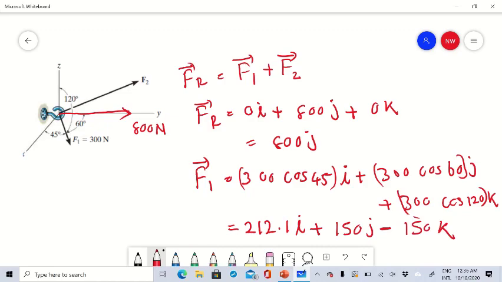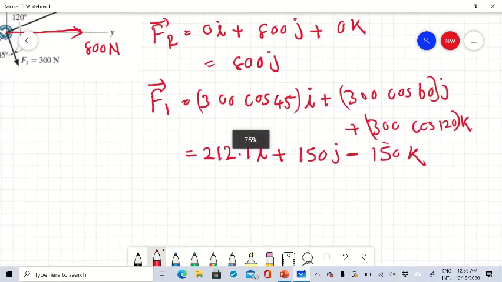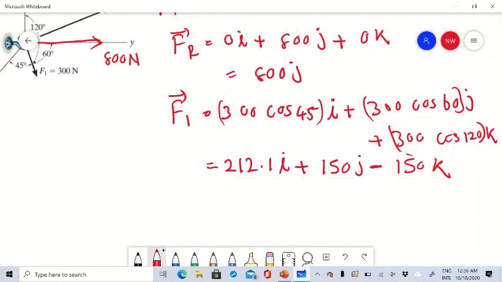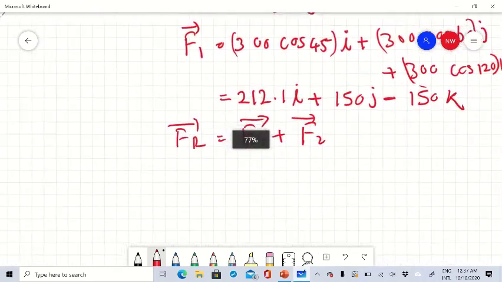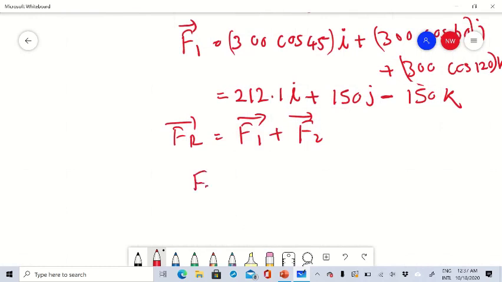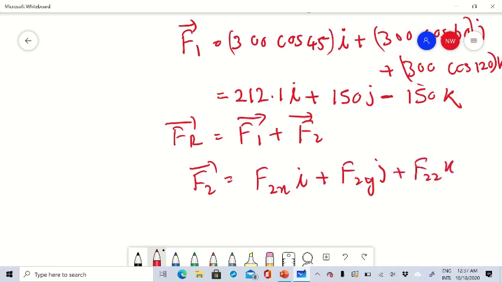So we know from our initial expression, Fr is equal to F1 plus F2, right? So I write F2 force also in ijk terms. So I write F2 force equal to F2x i plus F2y j plus F2z k, right?